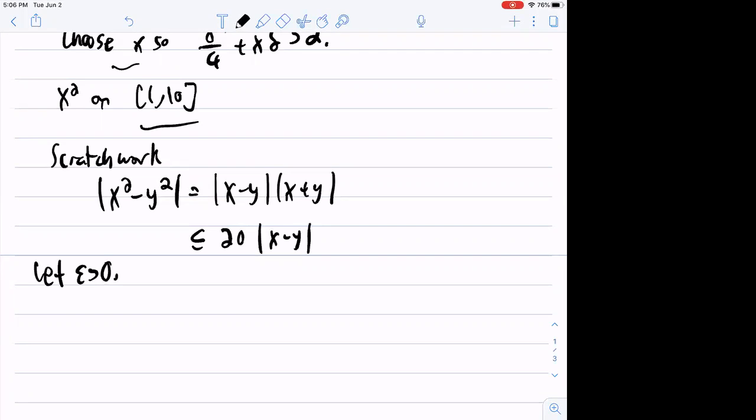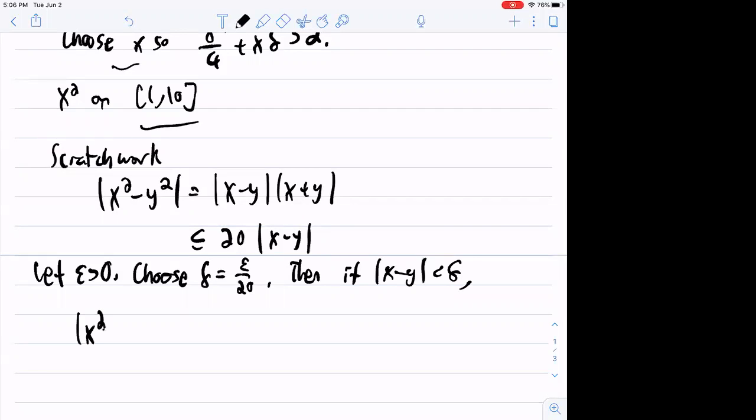Let epsilon be bigger than 0. Choose delta equal to epsilon over 20. Then for any points with |x minus y| less than delta, I have |x squared minus y squared| is less than 20 times |x minus y|, which is less than 20 times epsilon over 20, which is epsilon.